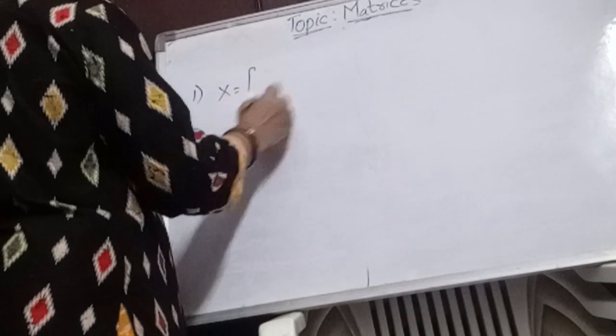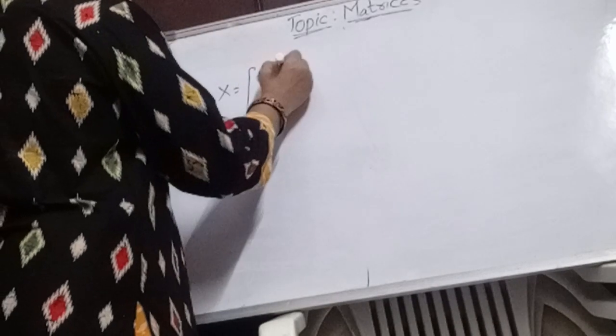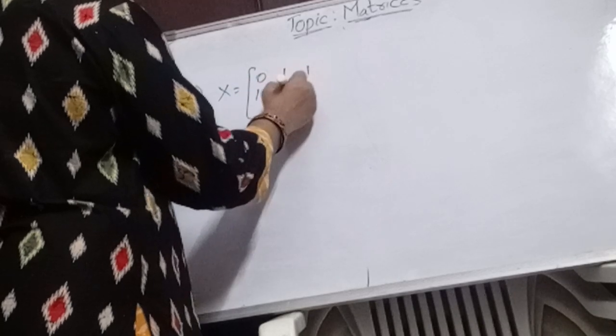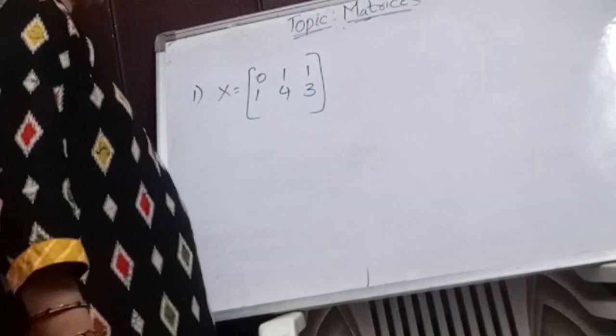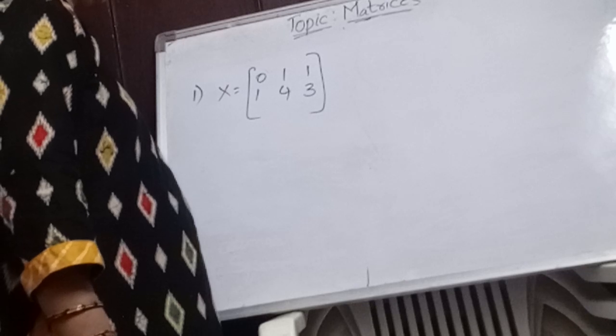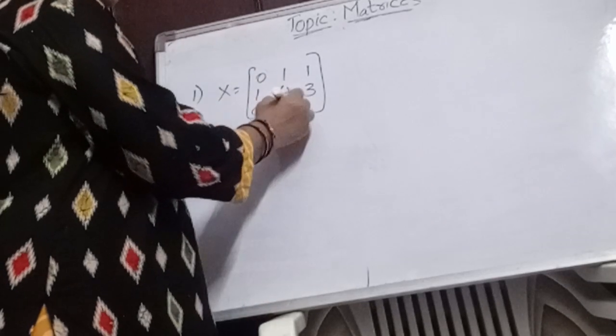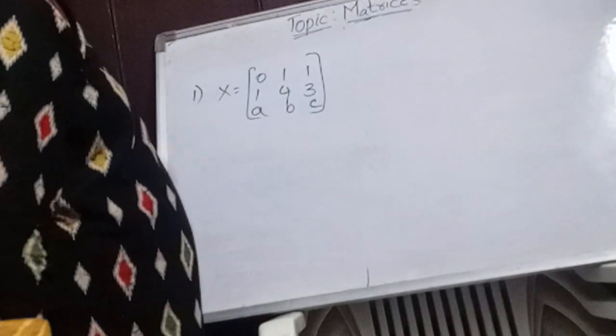So, to identify the types of matrices, let me give some examples. First, take a matrix X equal to 0 1 1, 1 4 3, A B C. What is the order of this matrix?